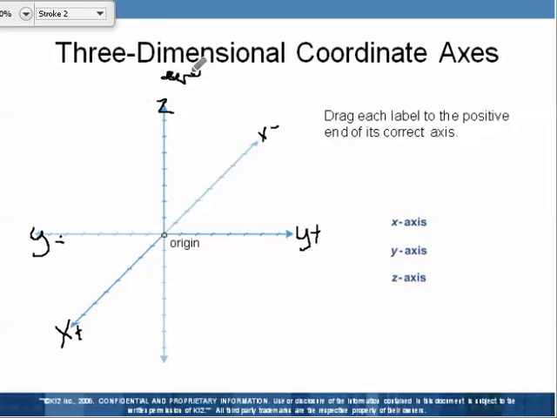Eyes, mouth. If you're looking down on this coordinate system, then this would be your right direction here, and this would be your left direction here, x and y. This would be your y negative, going down, and this would be your y going up.